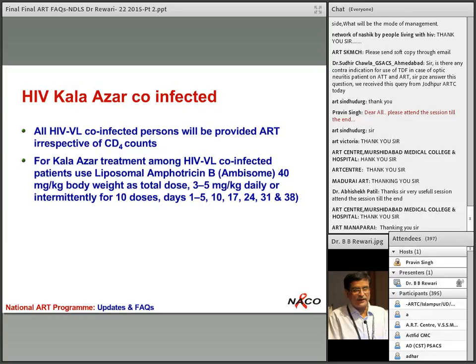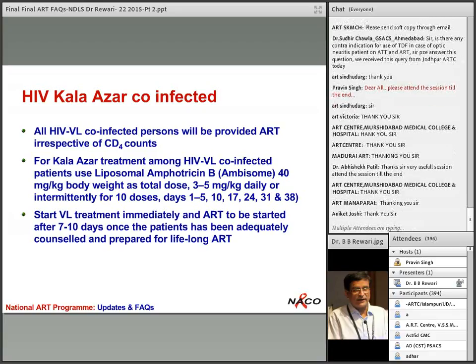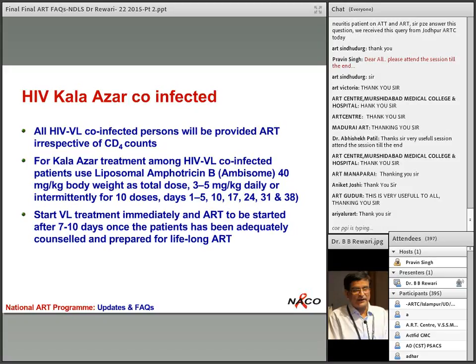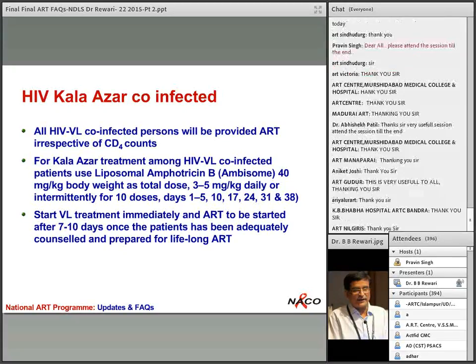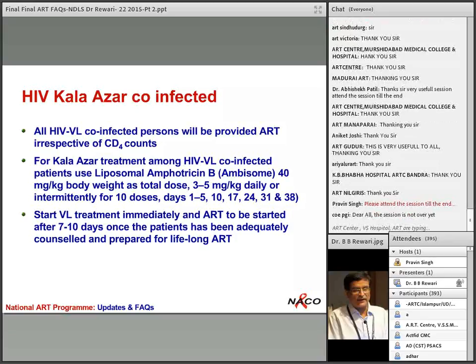But it is important for ART centers to see that all those HIV patients who have unexplained fever, leukopenia, or splenomegaly should be evaluated for visceral leishmaniasis using a rapid antibody test. Visceral leishmaniasis treatment should be started first like ATT, and then ART should be initiated 7 to 10 days after the patient has been adequately counseled.